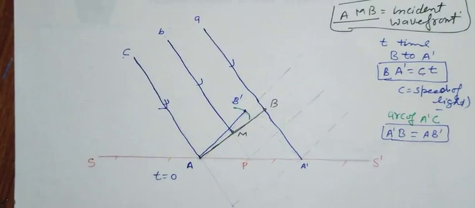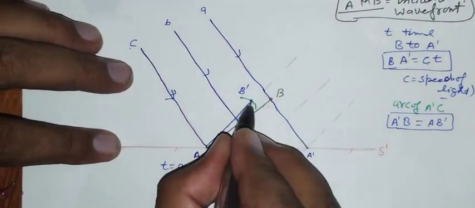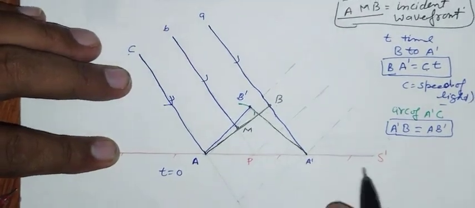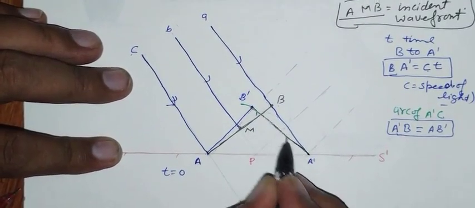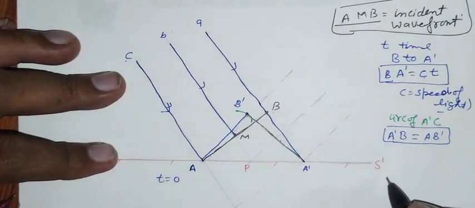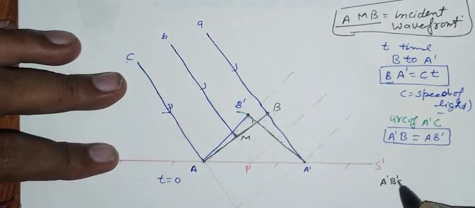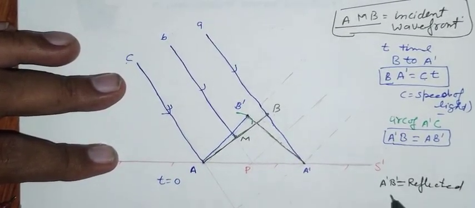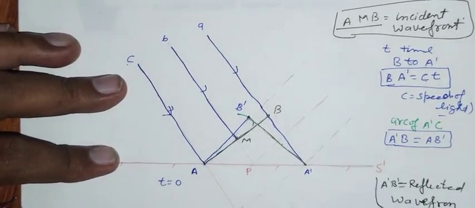Now when we join A with this, here with black, in that condition A dash B dash is treated as the reflected wavefront.